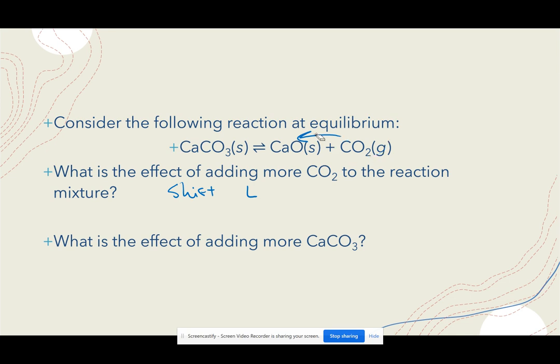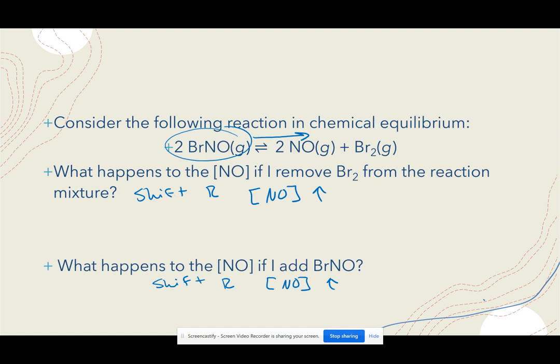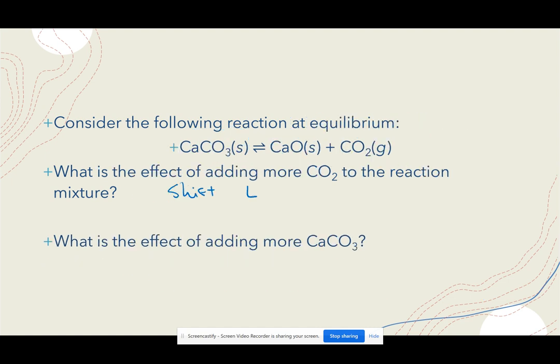Now, if I add more calcium carbonate, notice my states here. Everything else that I've done has been homogeneous, all gases. This is a heterogeneous equilibrium. My calcium carbonate and my calcium oxide are solid. So at equilibrium in my container, I have some solid calcium carbonate, some solid calcium oxide, and some carbon dioxide reacting.